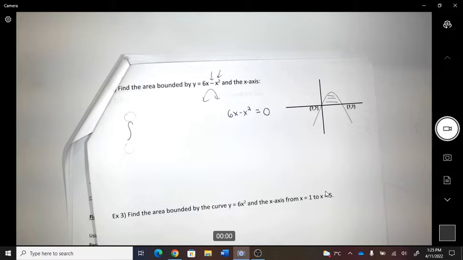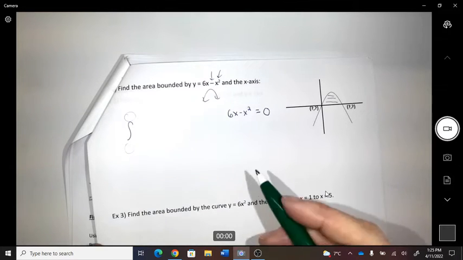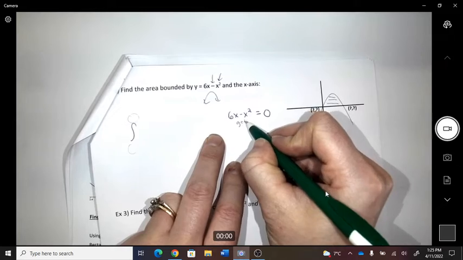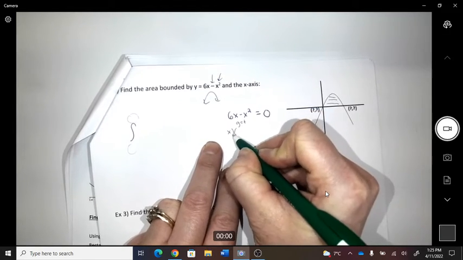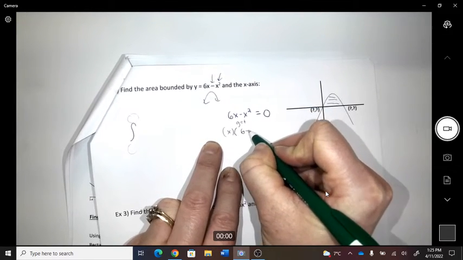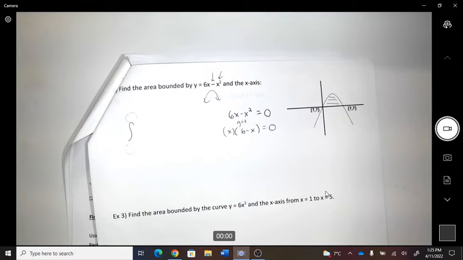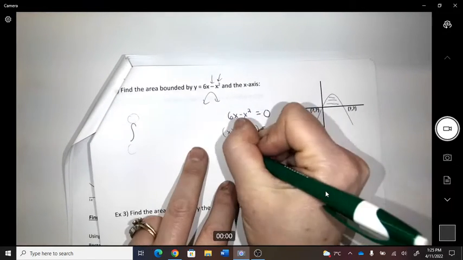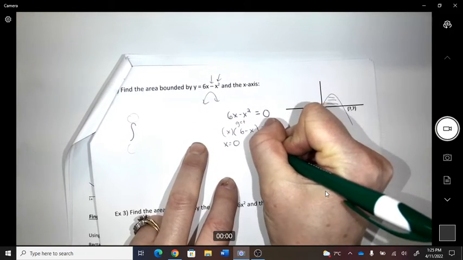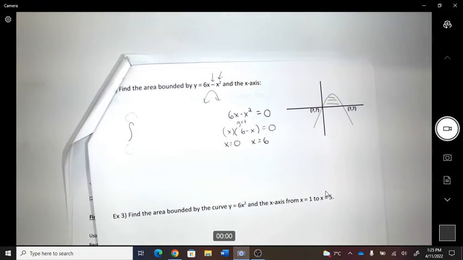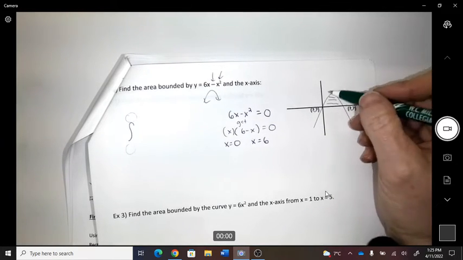What's our strategies? Factor. So I'm going to GCF. I'm going to take out an x. So at 0 and at positive 6, those are the values. So here's my visual.